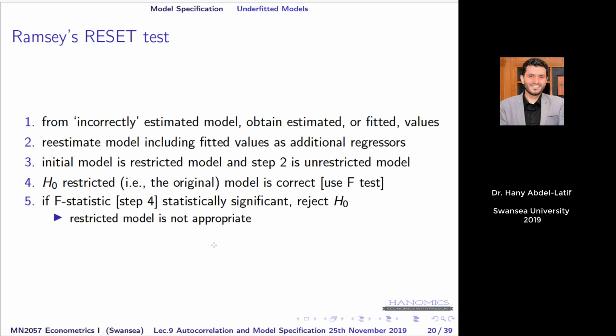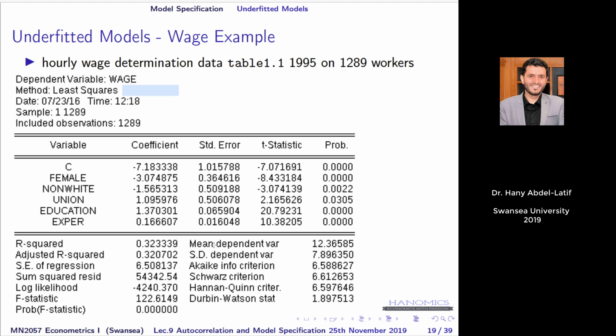Why unrestricted? Because we include more variables. The first one that doesn't include everything is the restricted model, which in this case is our first one here. We call this the restricted one because it doesn't have all variables.